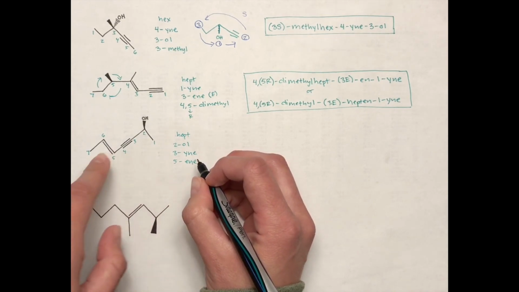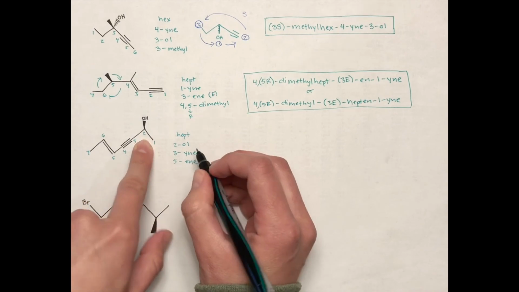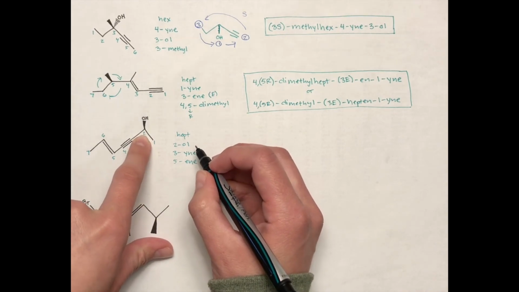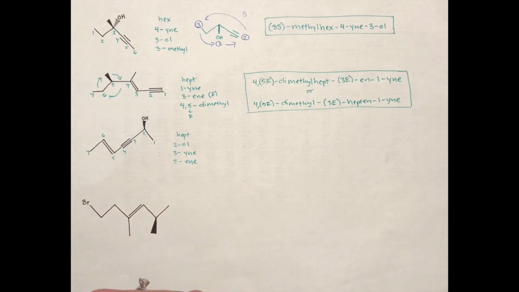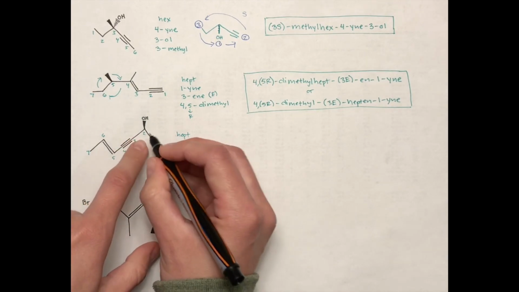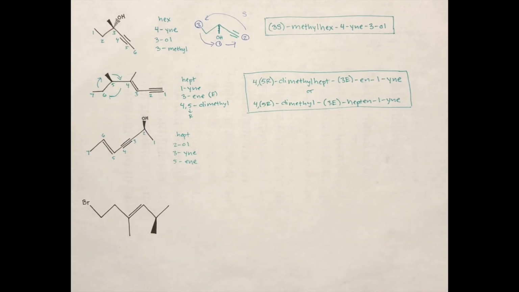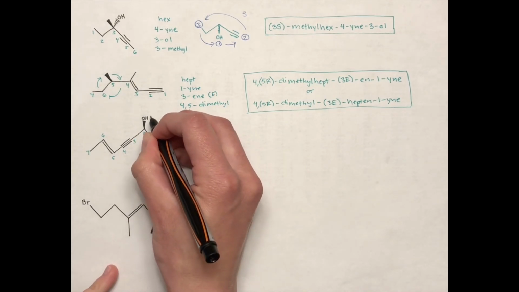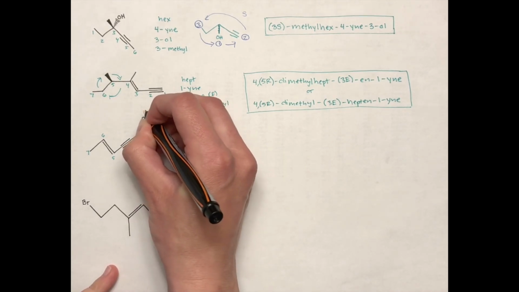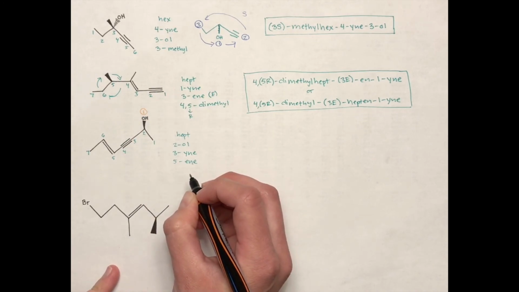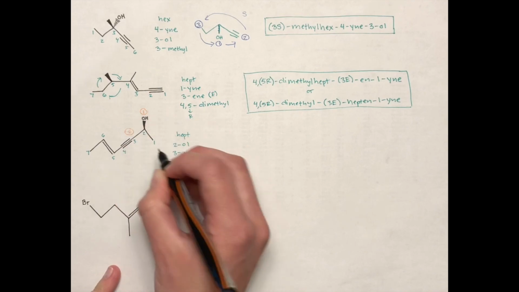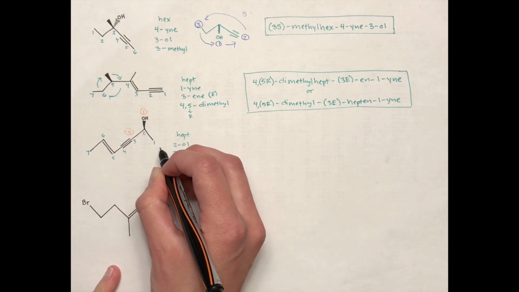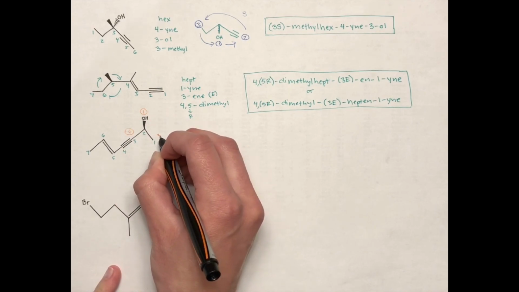Except for, let's see now, going back, carbon number 2, we can label this S or R. So let's decide what we want to label what. Our highest priority group is going to be our alcohol group, so I'm going to label this with the 1. Our next group will be the triple bond down here. Perfect. And the group after that will be this methyl group, 3.